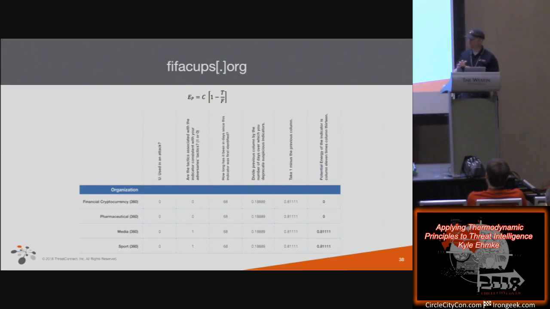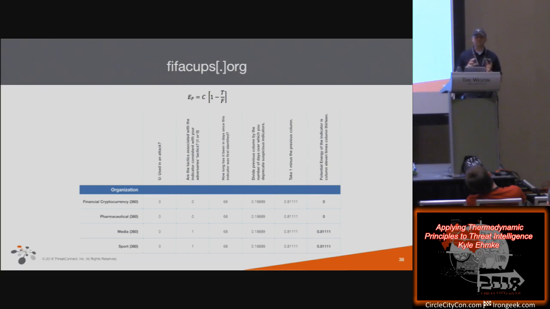And for all the previous indicators, the potential energy was 0 because the indicators had been identified in active operations. Now for FIFAcups.org, that's not the case. So we proceed to evaluate its potential energy.